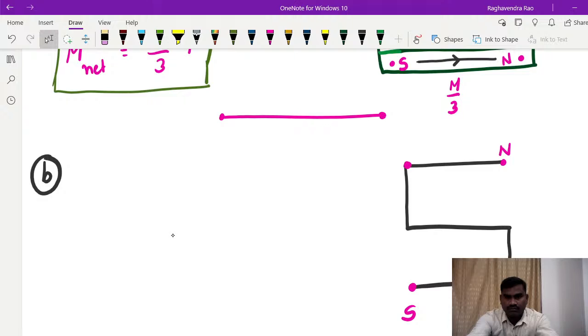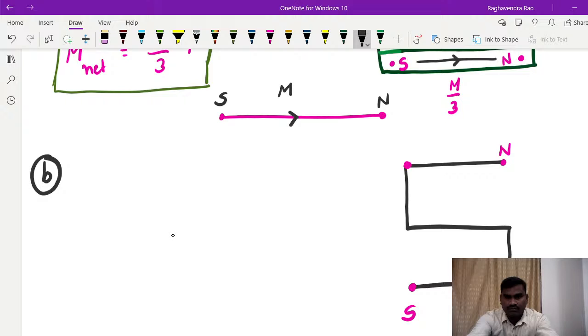Now this is a magnetic dipole, this is the north pole and this is the south pole, with magnetic moment directed from south to north, and the magnetic moment is M. So this magnetic dipole is bent in the form of a shape S. By keeping N here, we are bending like this.